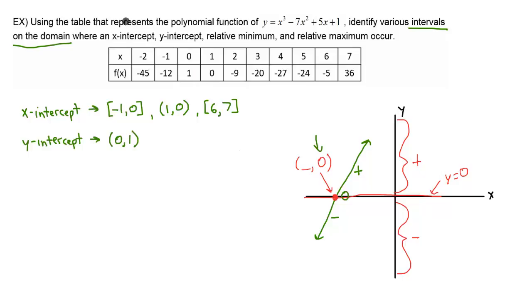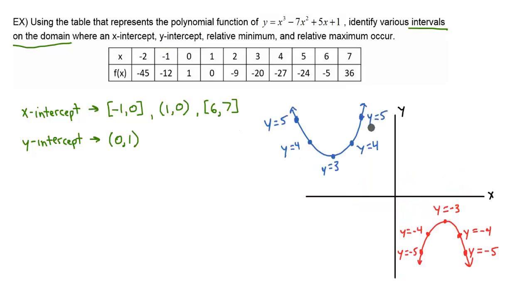And just like x-intercepts happen when the sign of the y values changes, we could use that same idea for y-intercepts. We change from negative 1 here to 0 and then to positive 1. So there's going to be a y-intercept between negative 1 and 1. But again, we have 0 here, so we know that it specifically happened at 0, 1.